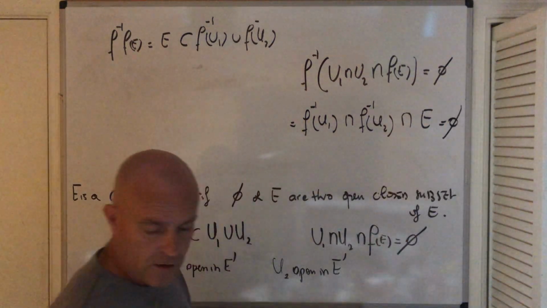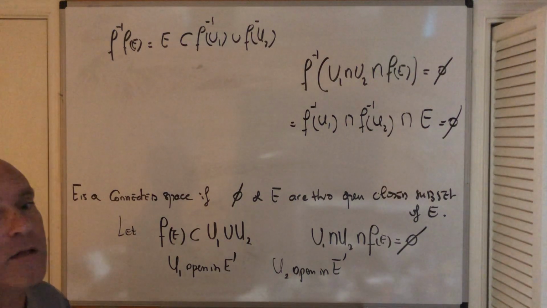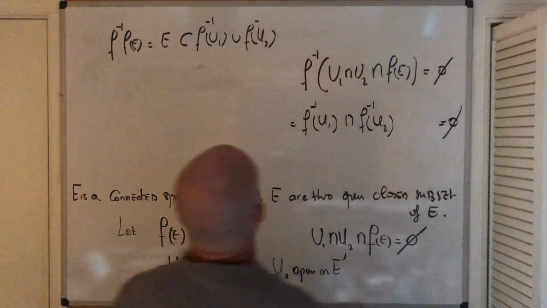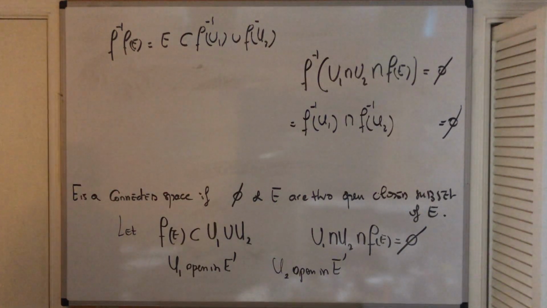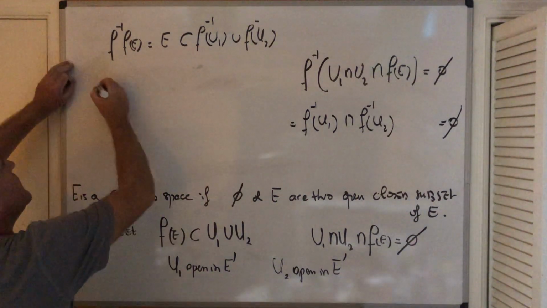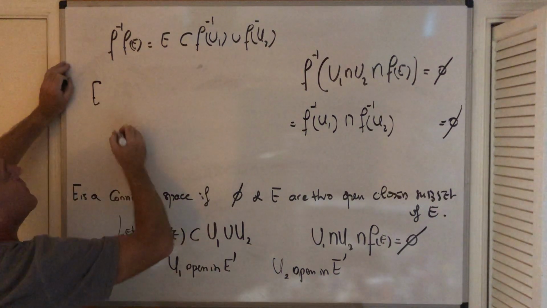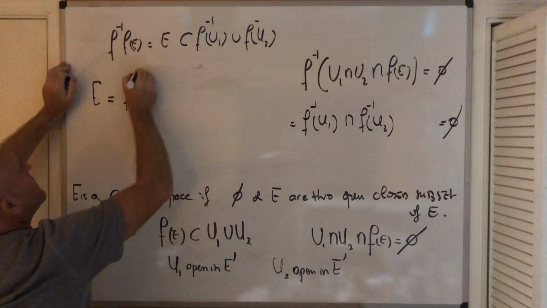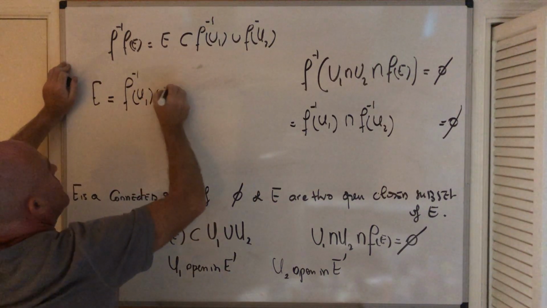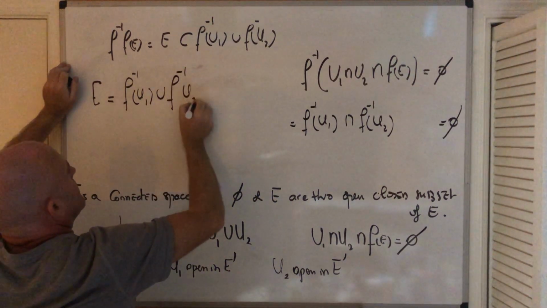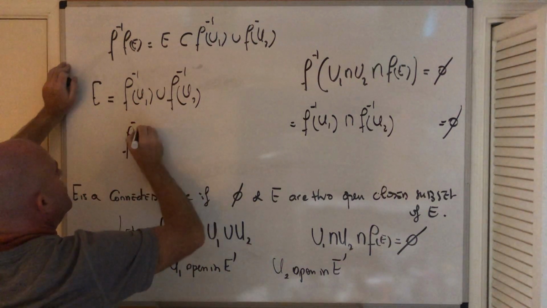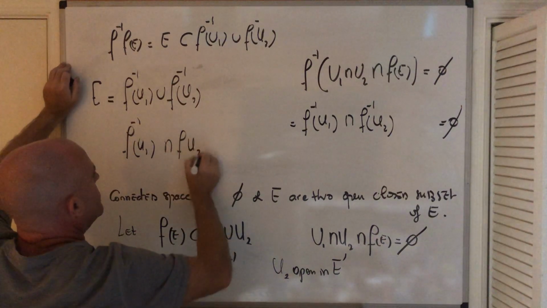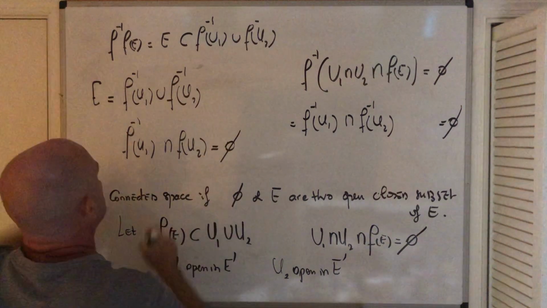Here we don't need to intersect with E because we know that everything is included in E, so this is pretty much obsolete. All right, so what do we have? E is exactly equal to f minus 1 of U1 union f minus 1 of U2, and f minus 1 of U1 intersected with f minus 1 of U2 is empty.